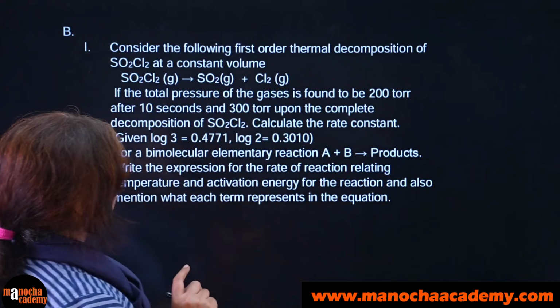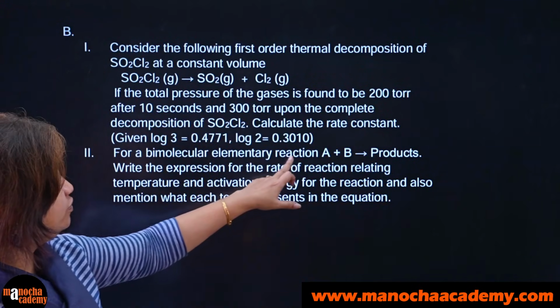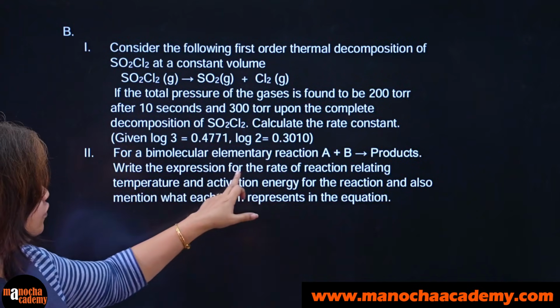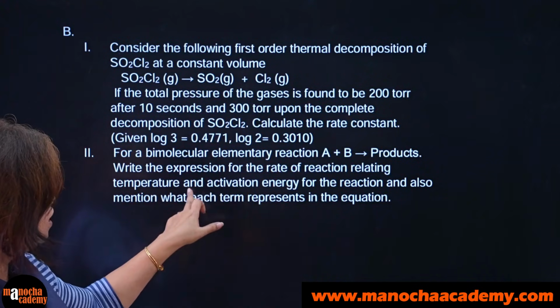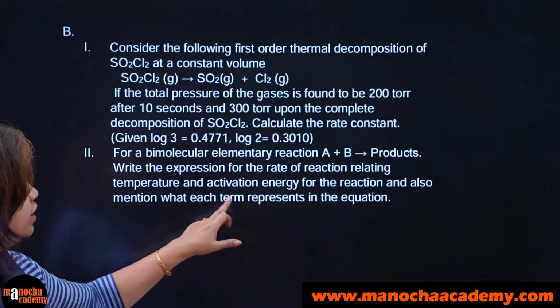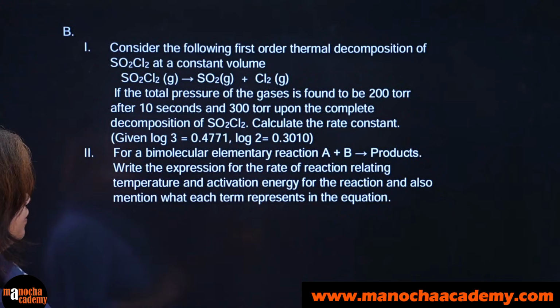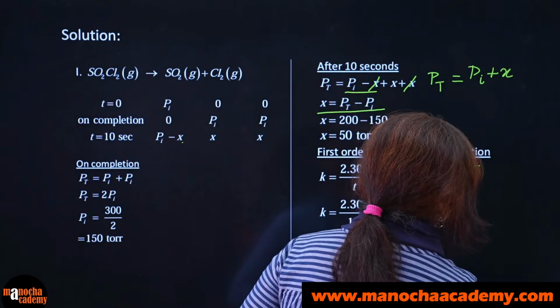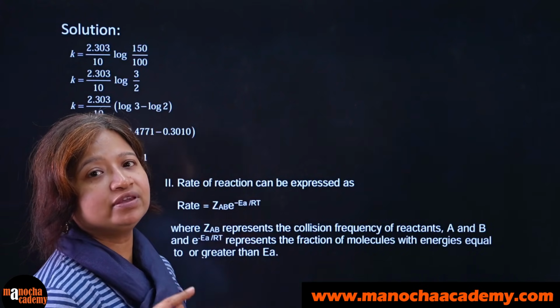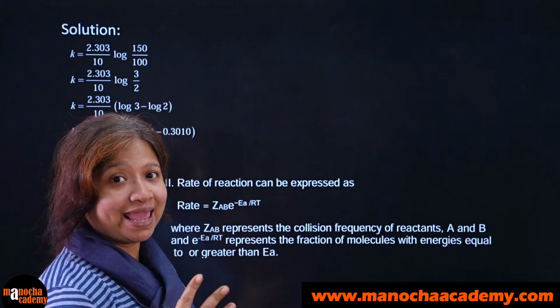What was the question? For bimolecular elementary reaction A plus B giving products, write the expression of the rate of the reaction related to temperature and activation energy for the reaction. Also mention what each term represents here. So instead of giving the Arrhenius equation, here in the answer they have given a better approach since A and B was mentioned.